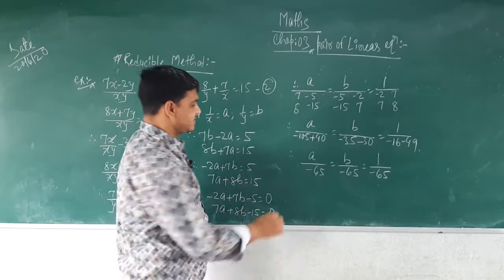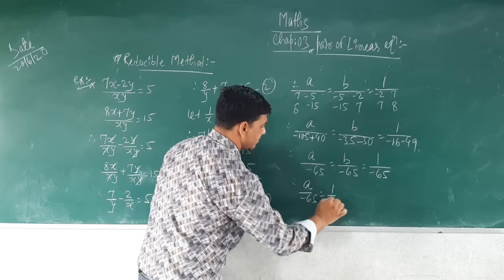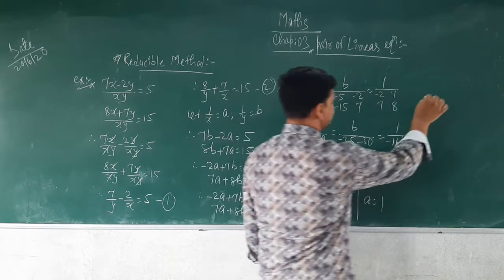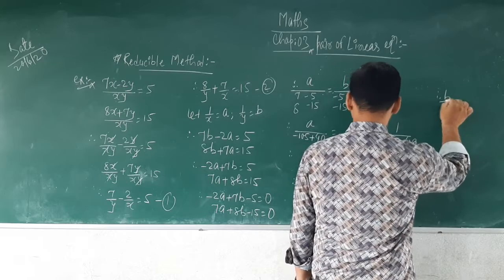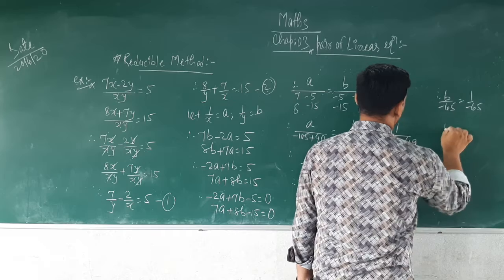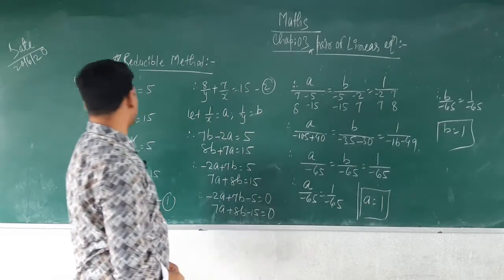So a upon minus 65 is equal to 1 upon minus 65, that gives a is equal to 1. Similarly b upon minus 65 is equal to 1 upon minus 65, that also gives b is equal to 1. So a is equal to 1 and b is equal to 1.